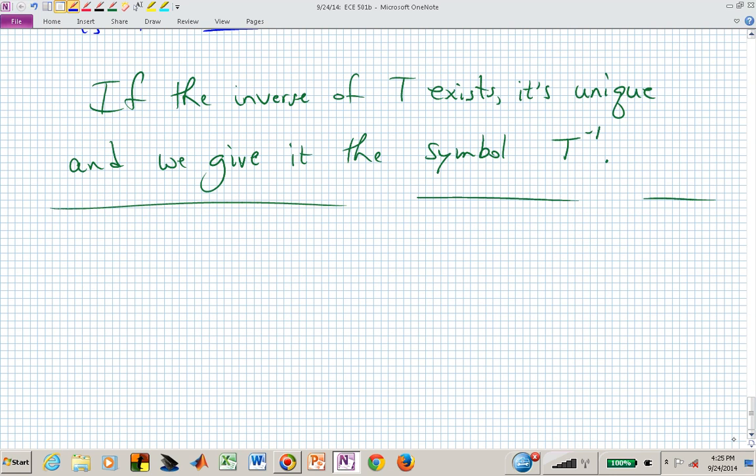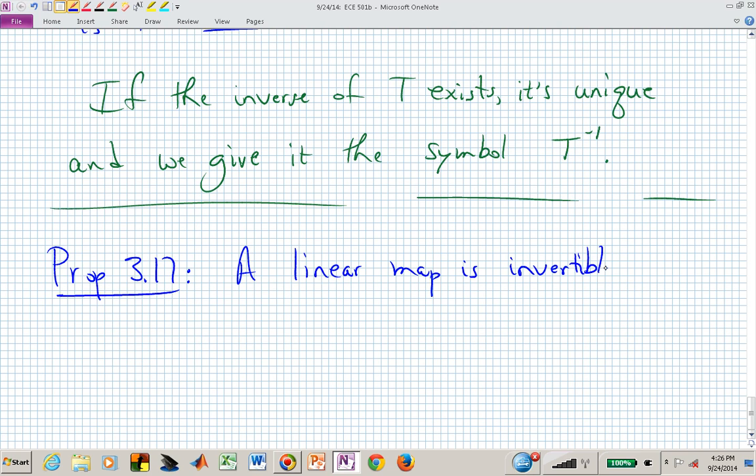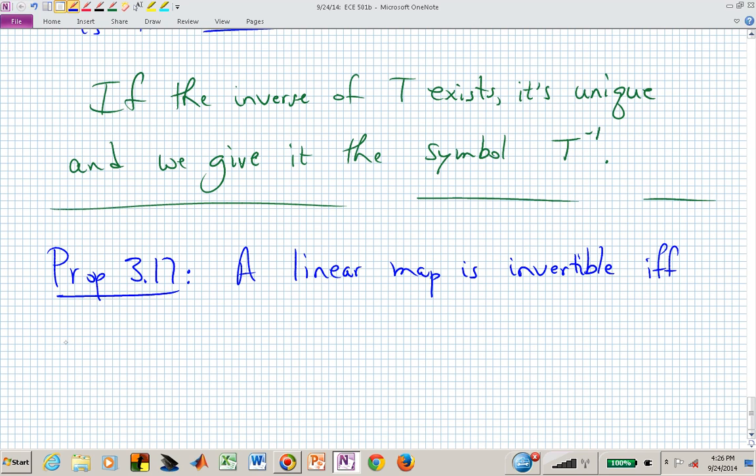With those definitions and terms for the inverse of a linear map, we can now introduce proposition 3.17. A linear map is invertible if and only if the map is injective and surjective.